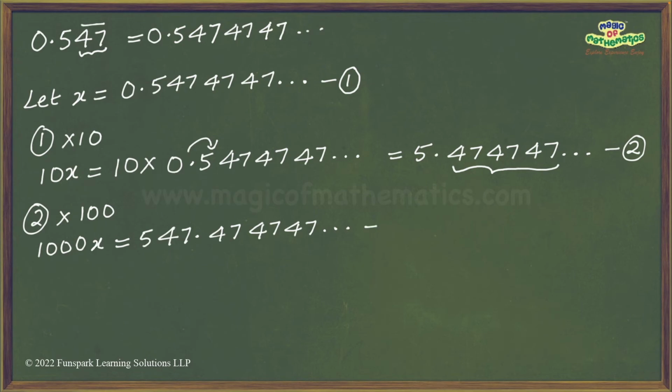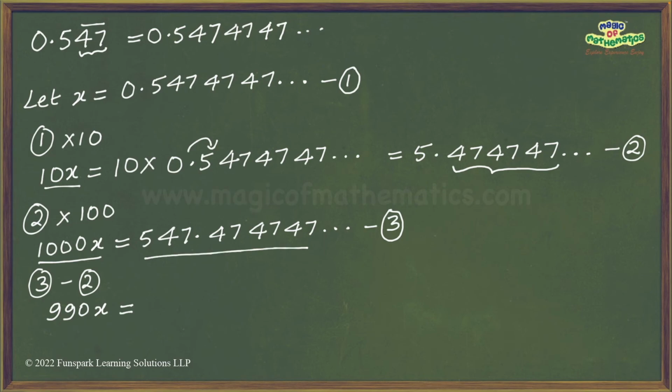Let me label this equation as 3. Equation 3 minus 2 will give us 1000x minus 10x, that is 990x on the left hand side, and on the right hand side we have 547.474747 and so on minus 5.474747 and so on.